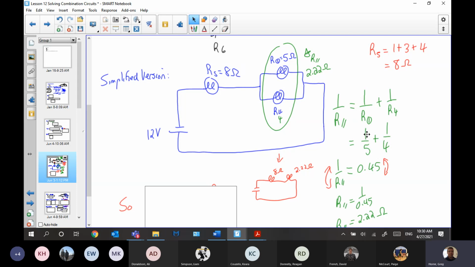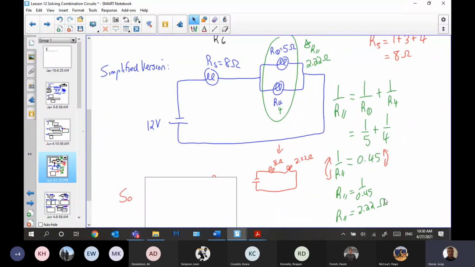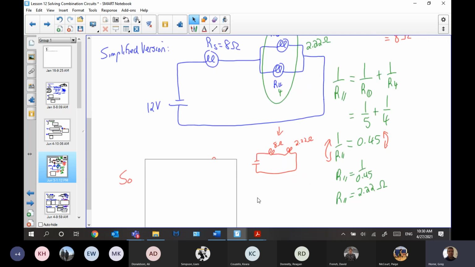So 1 over 5 is 0.2, and 1 over 4 is 0.25, so the total is 0.45. Invert that and you get the parallel resistance of 2.2 ohms. Here's a redrawn version of the circuit now. We just have an 8 ohm and a 2.2 ohm in series, and so of course that's a total of 10.22 ohms.